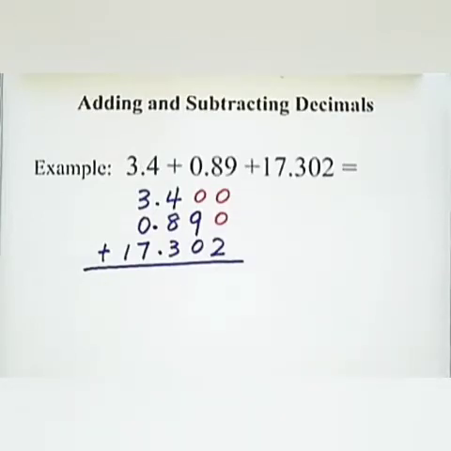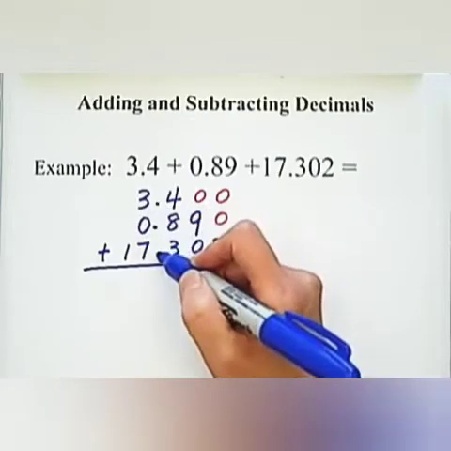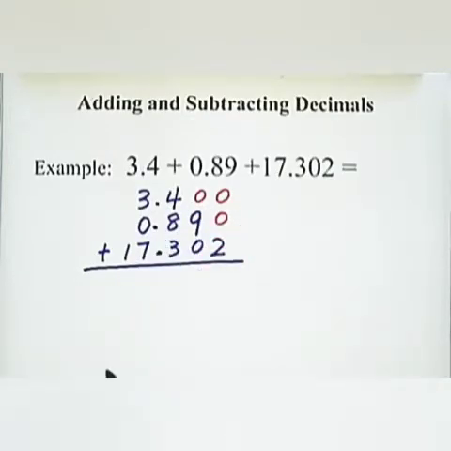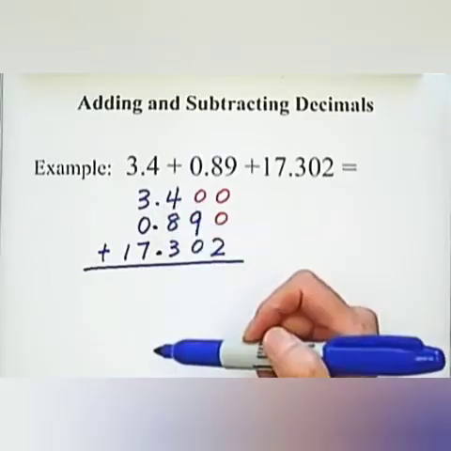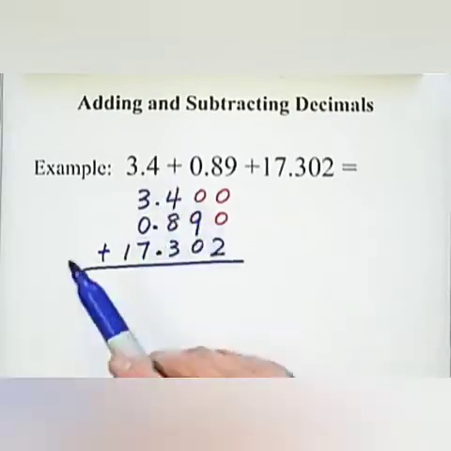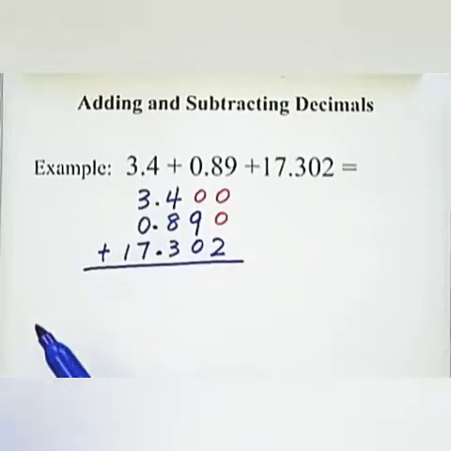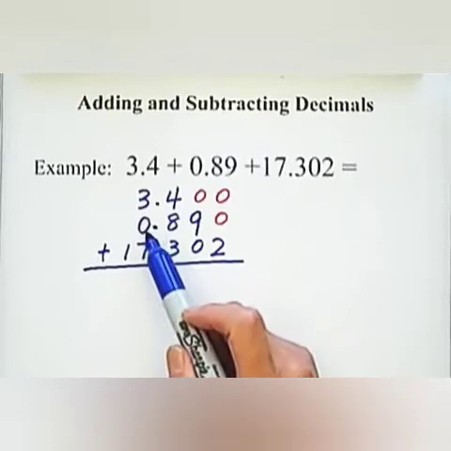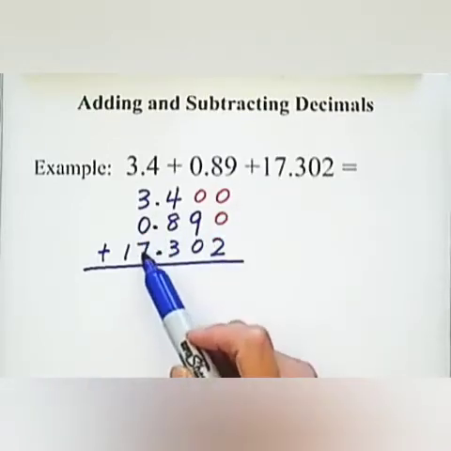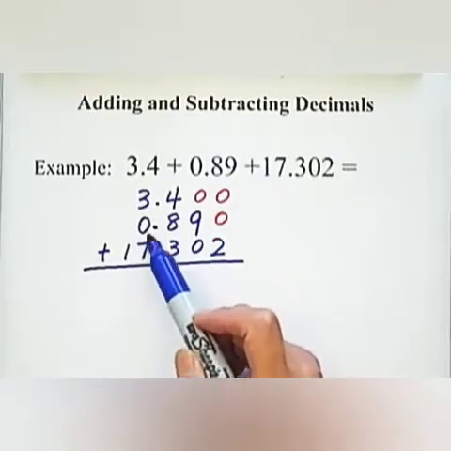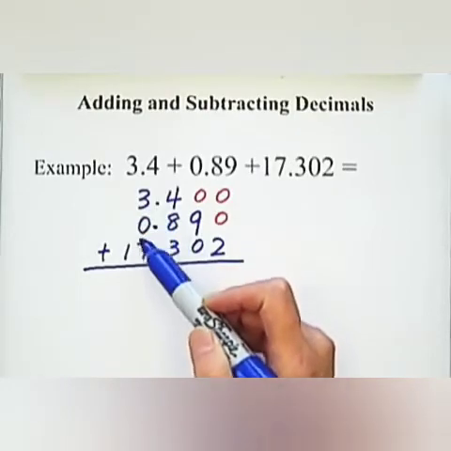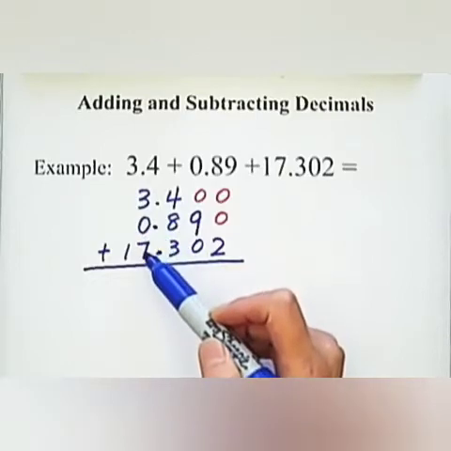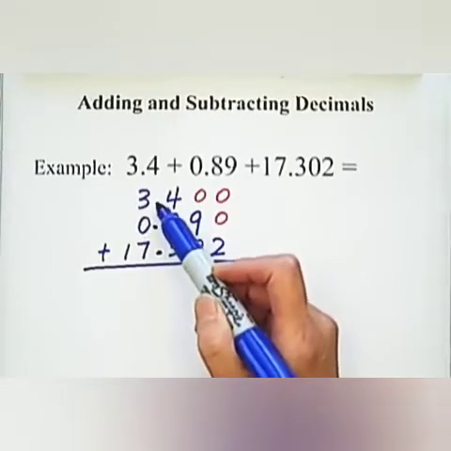The reason we need to line up the decimal is that we should add digits with the same place value. For example, in 3.4, the 3 is the 1's digit, and in the second number, the 1's digit is 0. For the third number, 17, the 7 is the 1's digit. That's why we need to make it even.